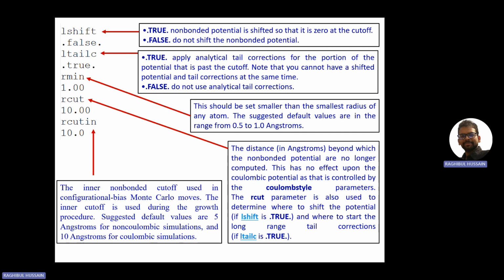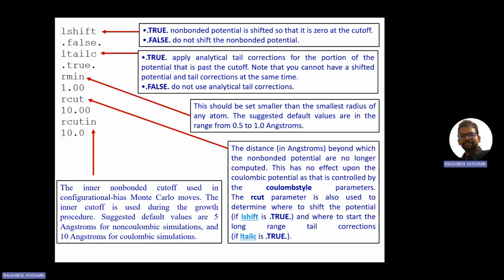When you calculate the Lennard-Jones potential, 4 epsilon, sigma by r to the power 12 minus sigma by r to the power 6, this is the non-bonded interaction known as Lennard-Jones potential. We have to calculate this between two atoms which are not connected.